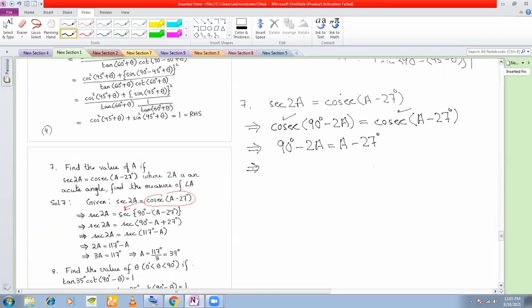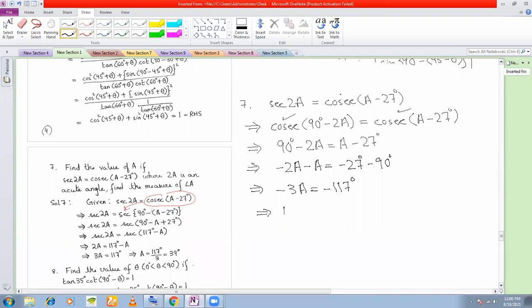So if you solve this equation, you can take A's on one side. Minus 2A minus A is equal to minus 27 minus 90. That means you get minus 3A is equal to minus 117 degree.